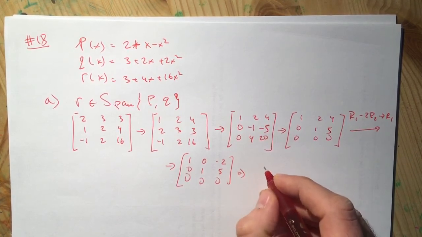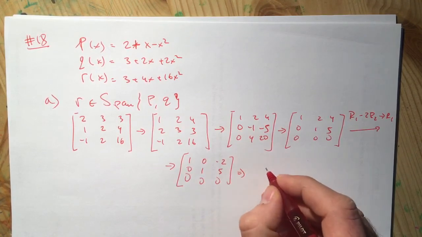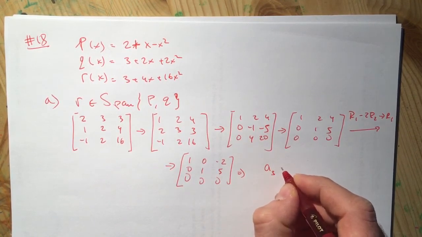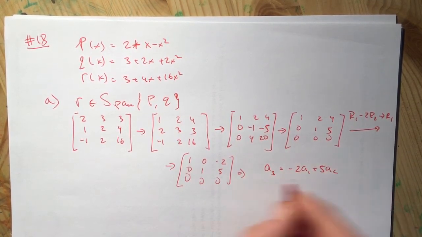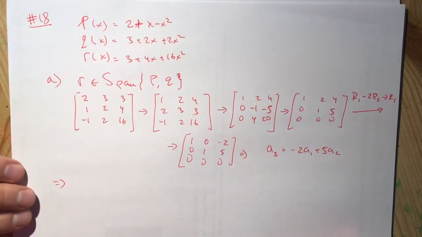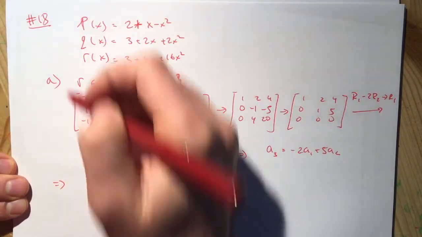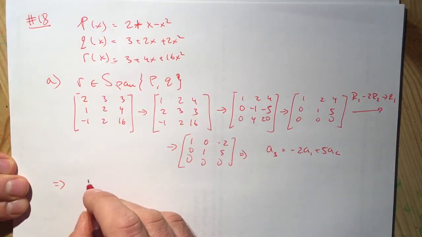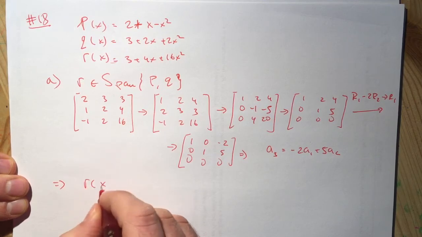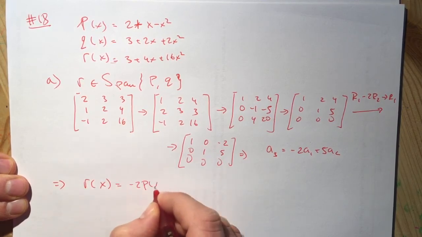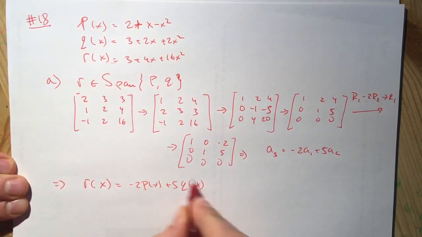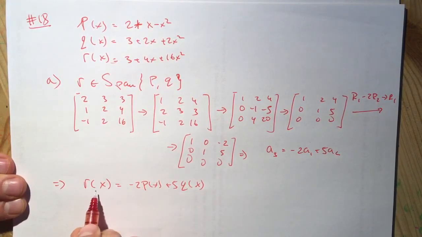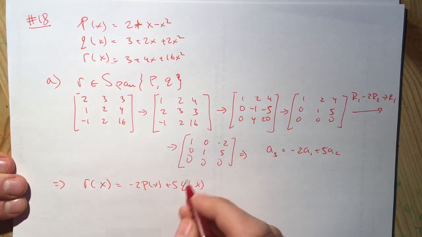And from here I can see that the last column, let's say A3, is equal to negative 2A1 plus 5A2, which brings me to the relationship of these vectors, that r of x is equal to negative 2p of x plus 5q of x, and now explicitly it's being shown that r of x is in the span of p and q.